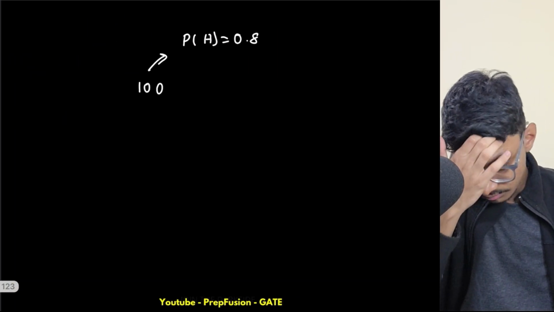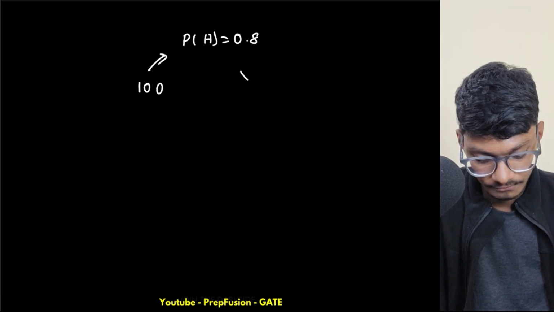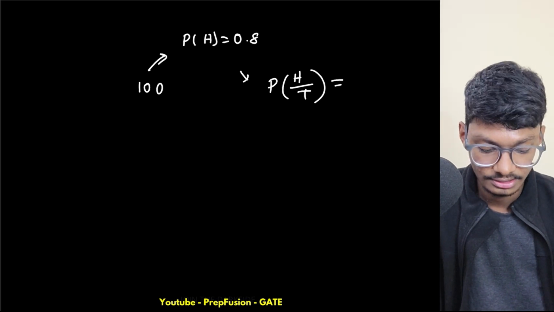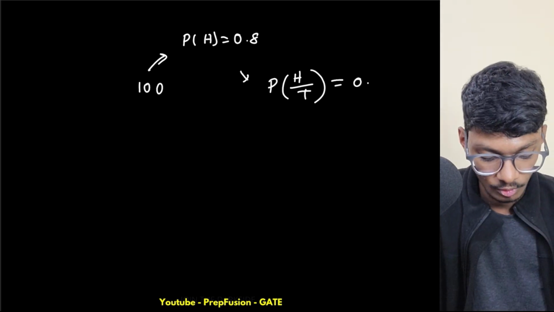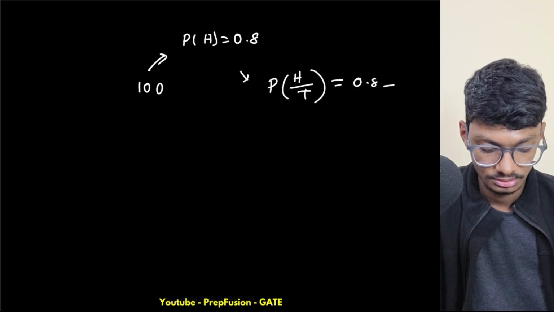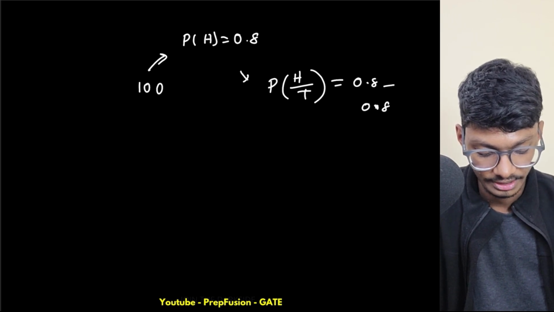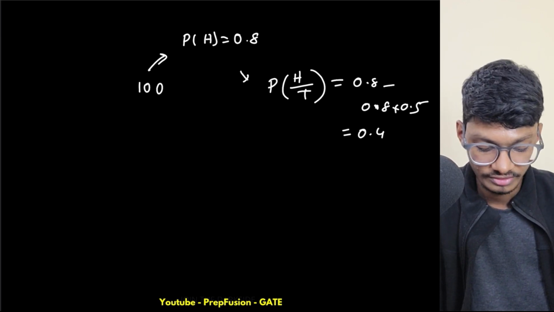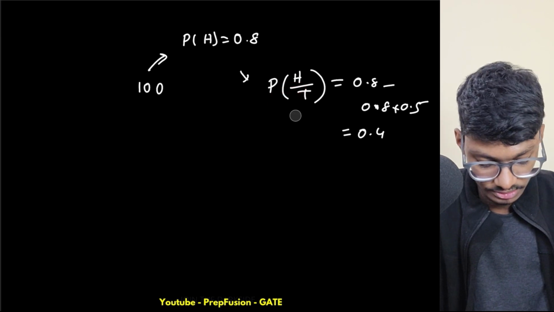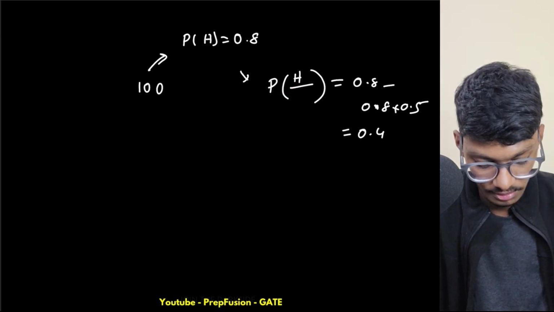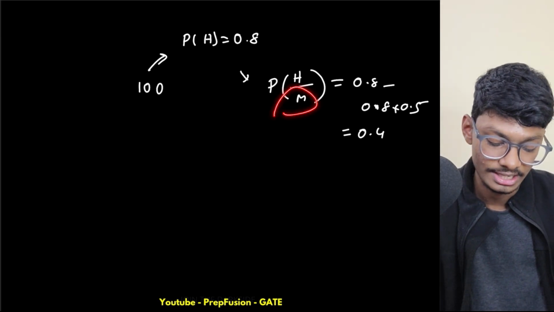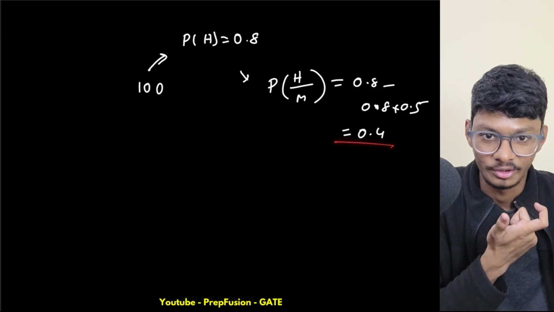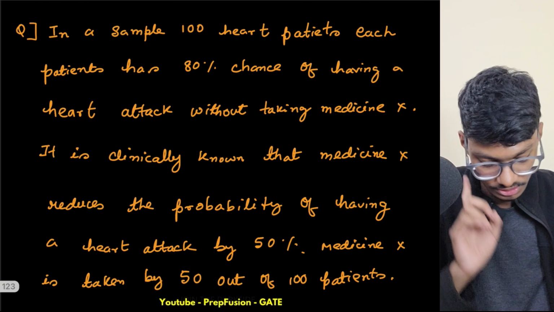That means if the person has taken medicine X and has a heart attack, then it reduces by 50%. So 50% of 0.8 is 0.4 itself. So we subtract this times 0.5, which is 0.4. So this will not be X actually, this will be M. If the person has taken the medicine, then the probability of having a heart attack is 0.4. This is the first thing.